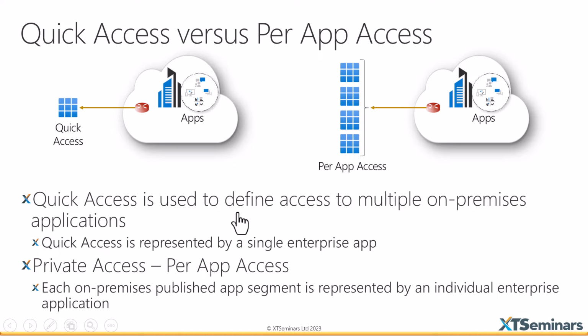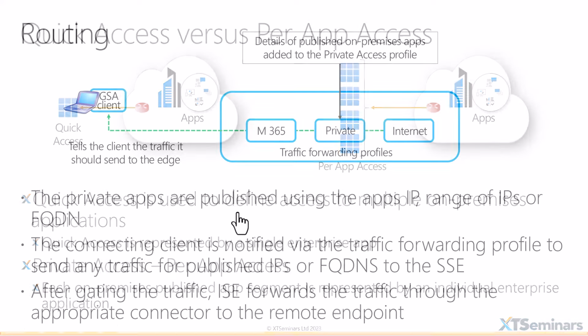We can also do per app access, in which case we have individual enterprise apps representing the apps which are in the cloud. In this situation, we can have conditional access applied to all of the different apps in your cloud or in your on-premise environment.